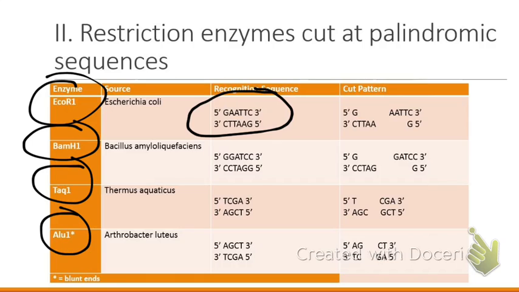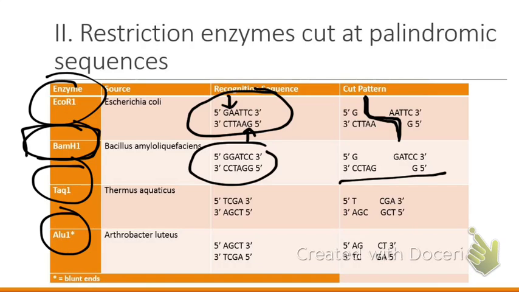on that. And it's actually going to cut it in this very unique band pattern like this. It actually starts cutting right after the first letter G, and it cuts right after the first letter G here, and then it like divides it this way. Do you see how it's splitting up like that? BamH1 is going to do the same thing. It's going to recognize these sequences and split it up like this. And then TaqI is going to recognize this sequence and split it up like this.